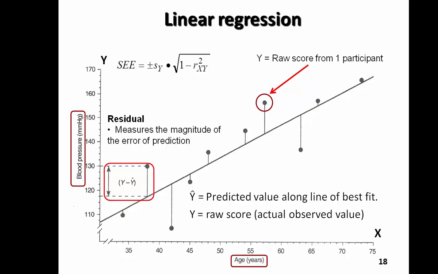And in the expression of the residuals, we see that each research participant deviates by a different amount from that line of best fit, and the SEE is referred to as the standard error of the estimate.